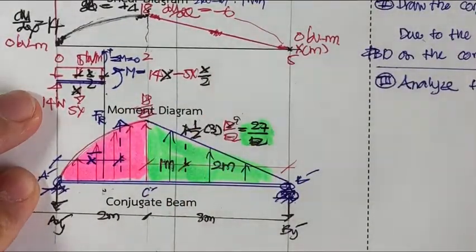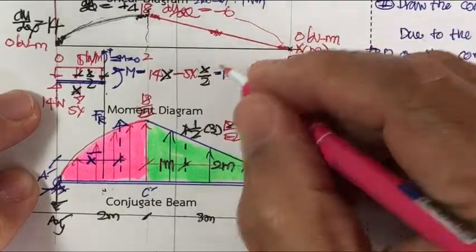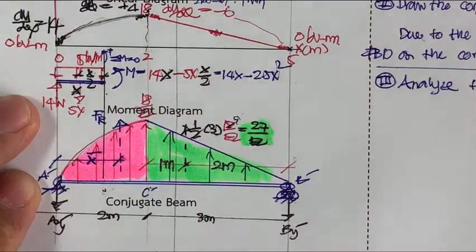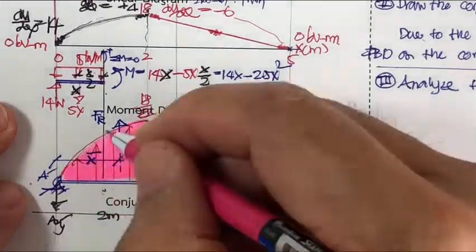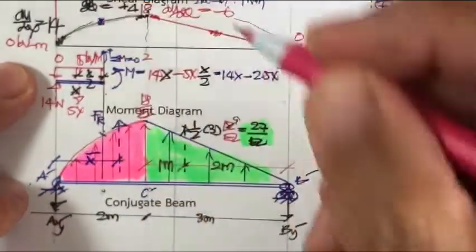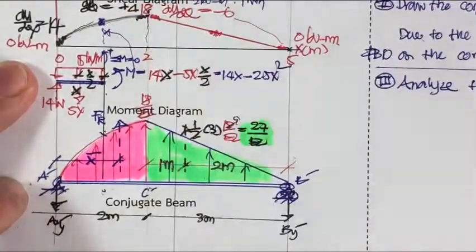So you have this M as 14x minus 2.5x squared. That is the equation of the moment here.